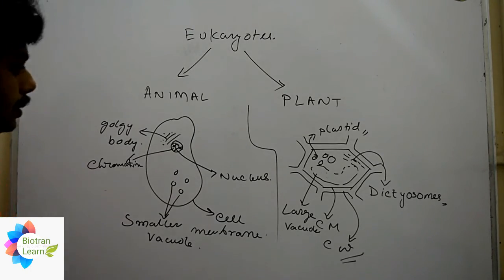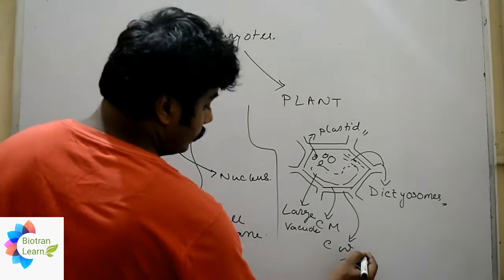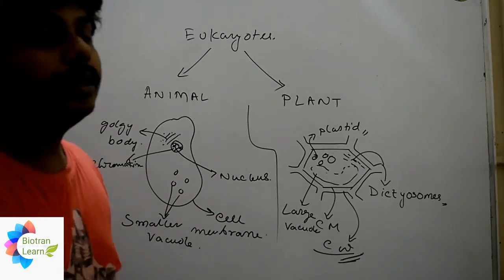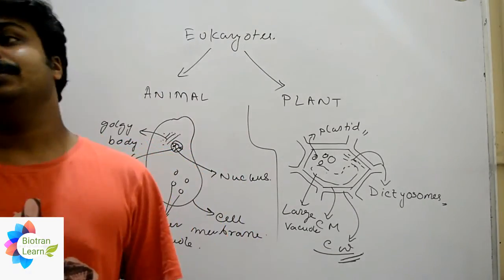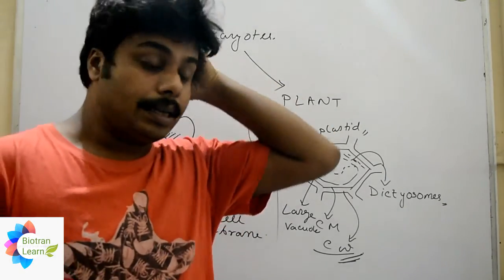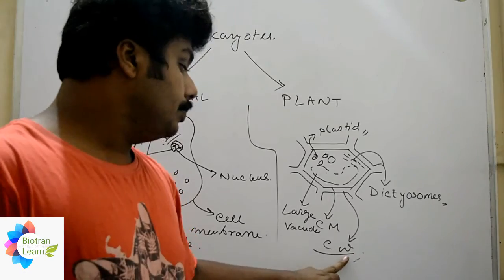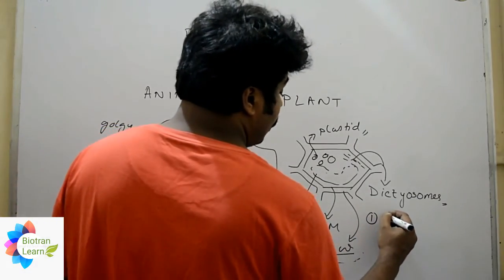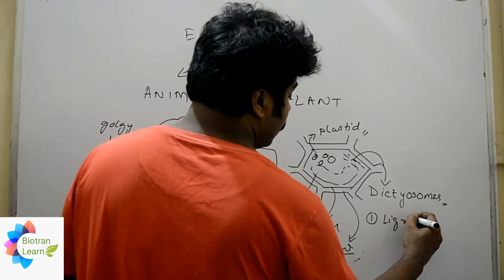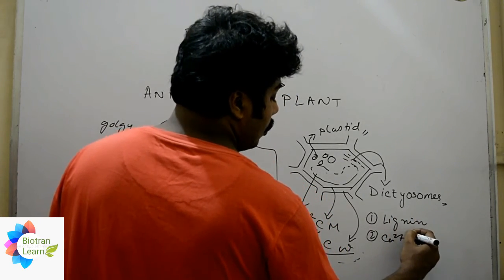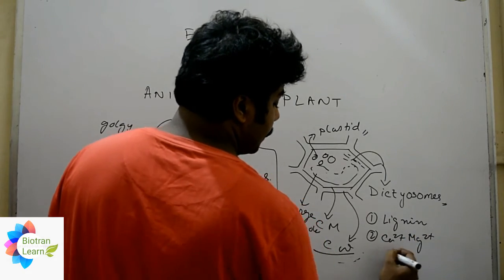Another thing is the cell wall that we have written here. In certain kinds of fungi, we can see a cell wall made up of chitin, and the plant cell wall is mainly made up of three things, right? Number one, lignin. Number two, calcium or magnesium pectate.